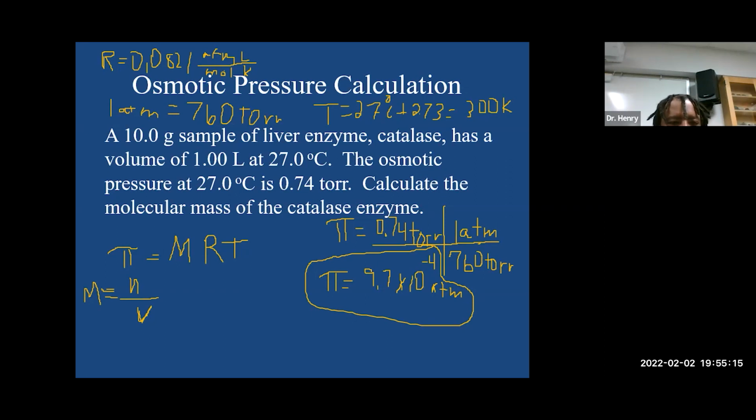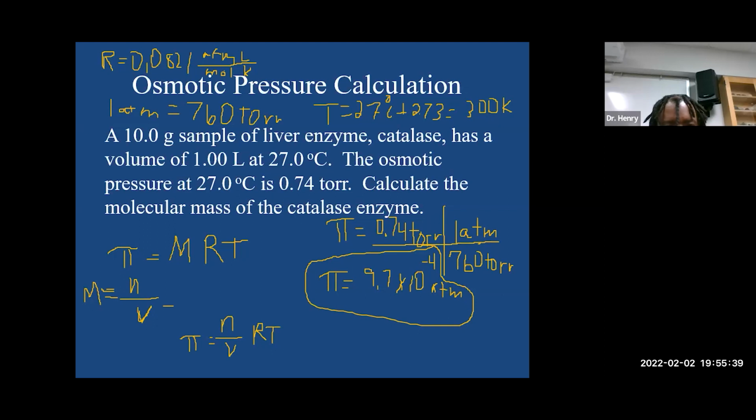Okay, so then I'm going to plug this into this equation. So we'll get pi equals N over V RT.